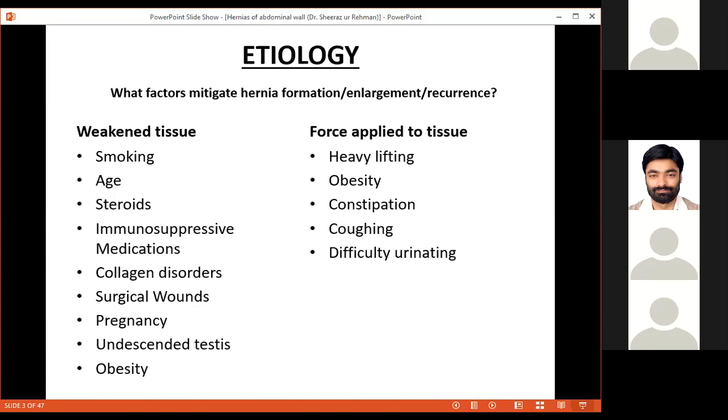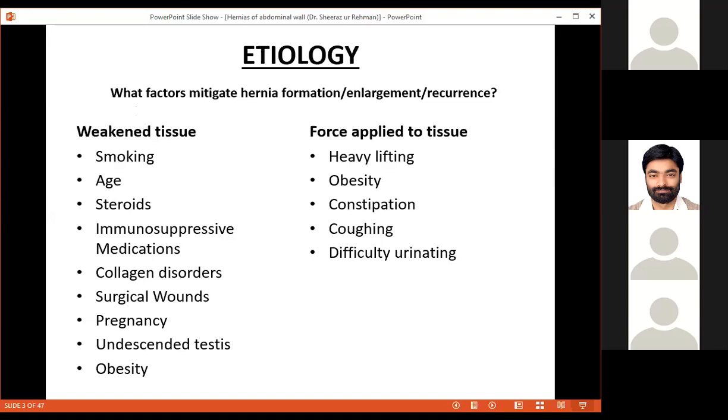So we were talking about what factors are there that could lead to the formation or enlargement or the recurrence of a hernia. Either they are related to weakening of the tissue, or they are causing increased tension on the tissue.